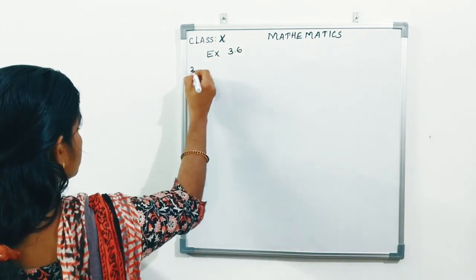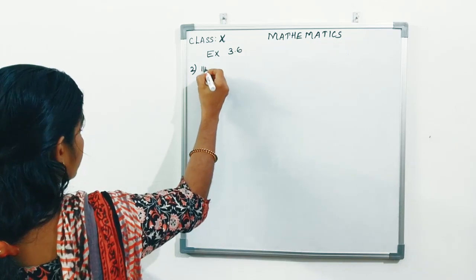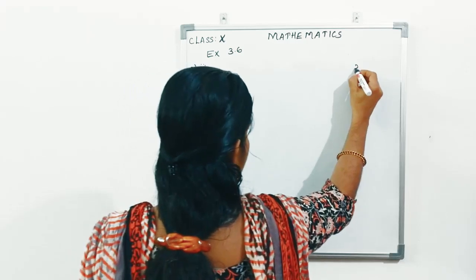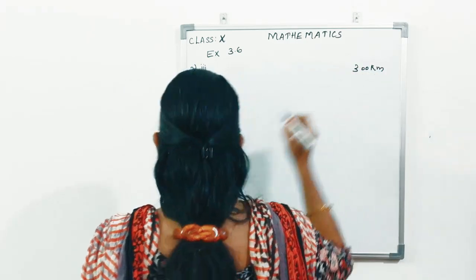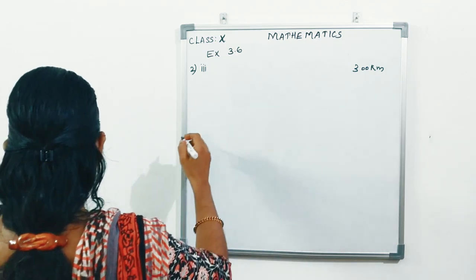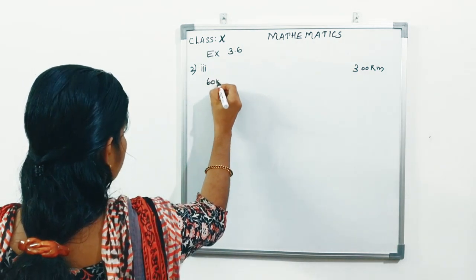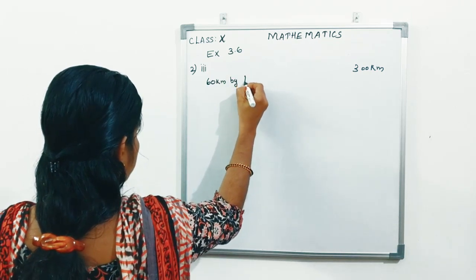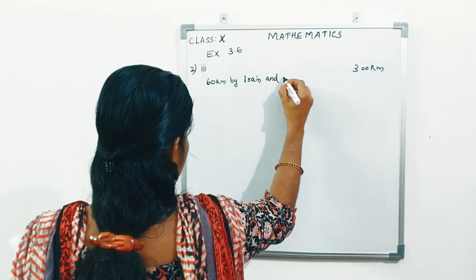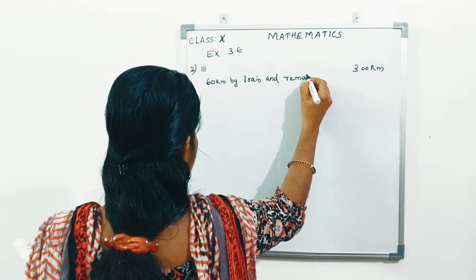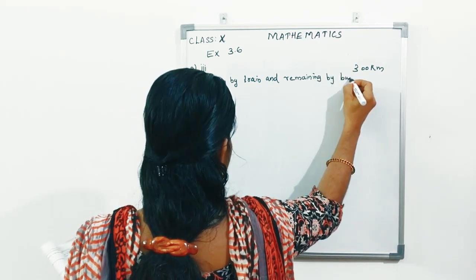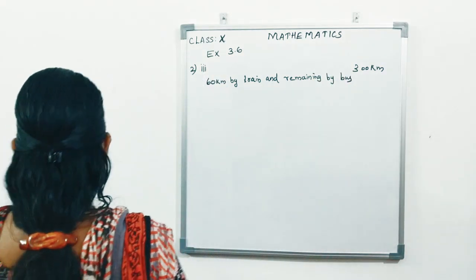In question number 2, this is the third question. Total distance traveled is 300 km, in which 60 km by train and the remaining by bus. He takes 4 hours.